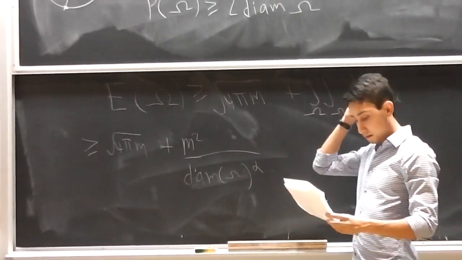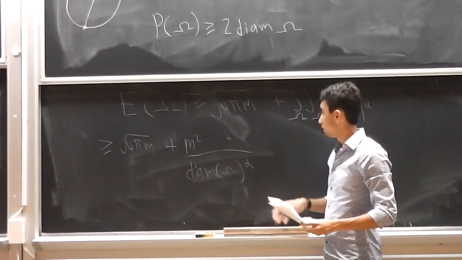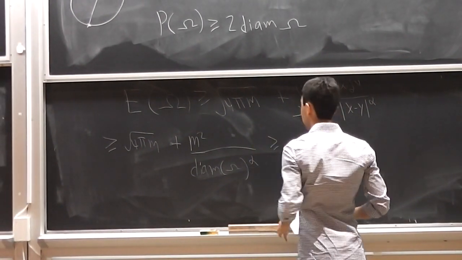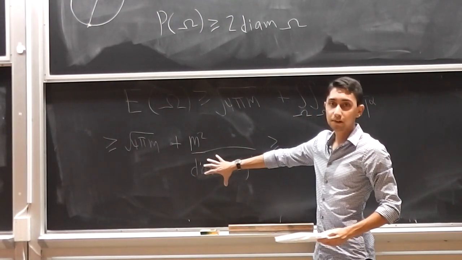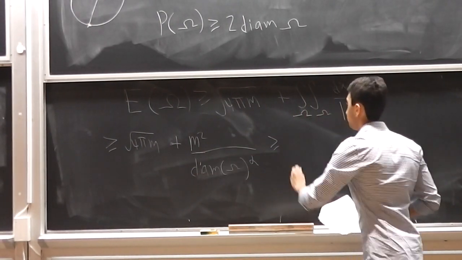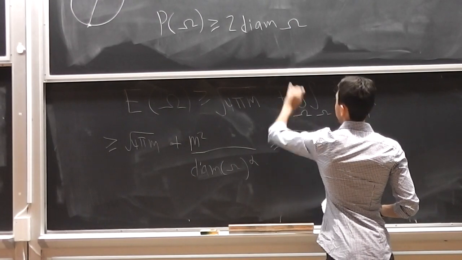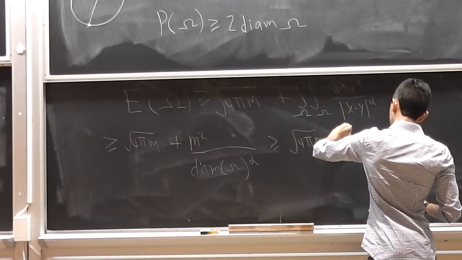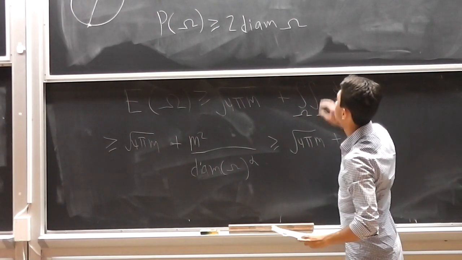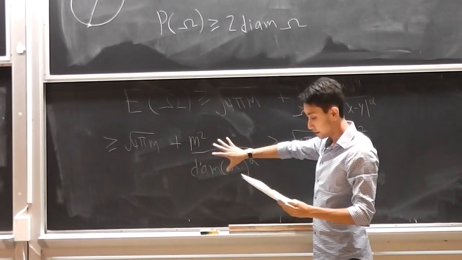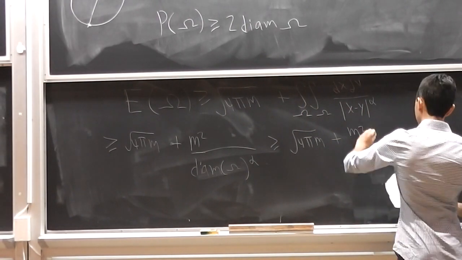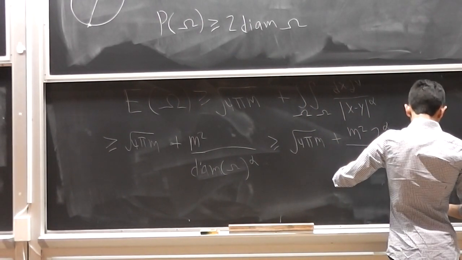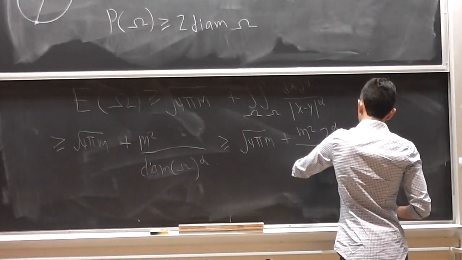Okay, so now this diameter is still unknown, so what we do is we use the other inequality there. If we put this inequality into here, we get 2 to the alpha over perimeter.